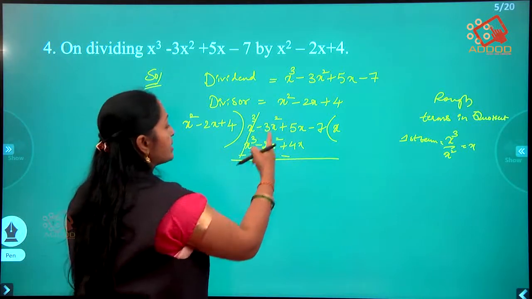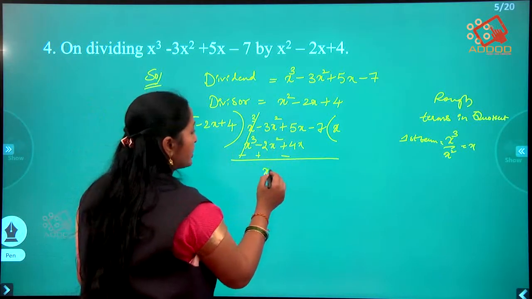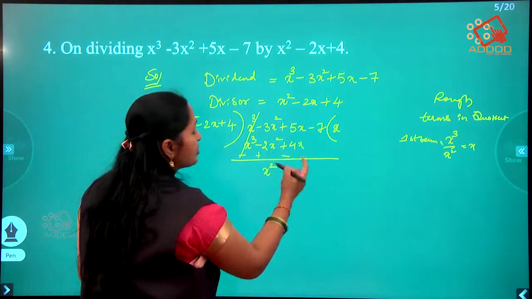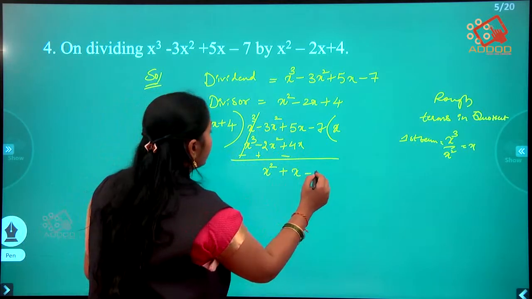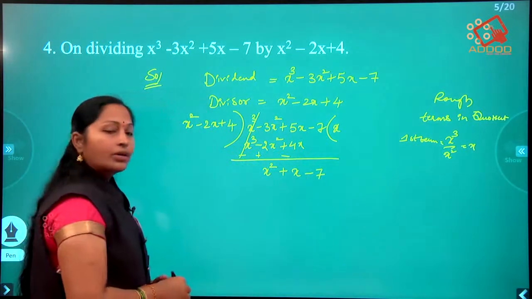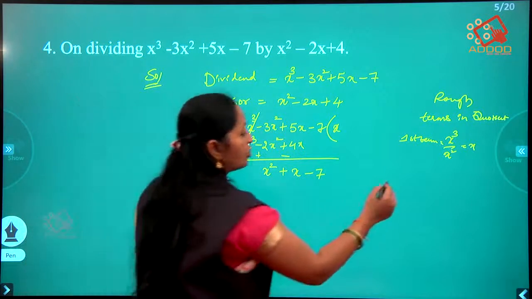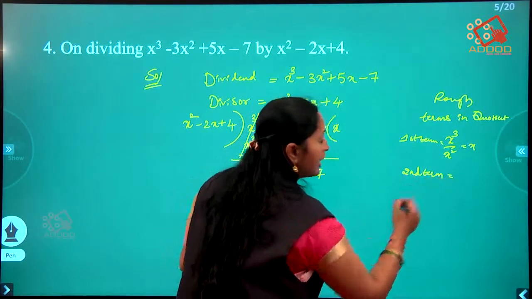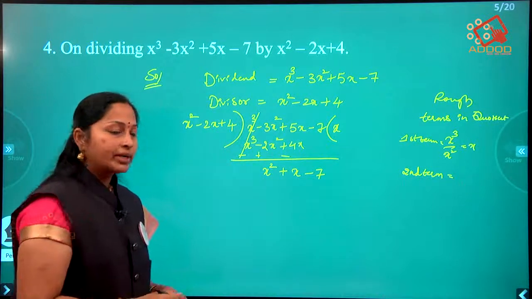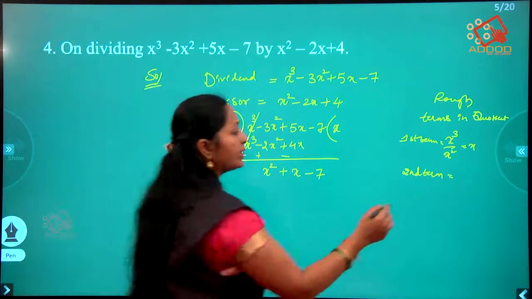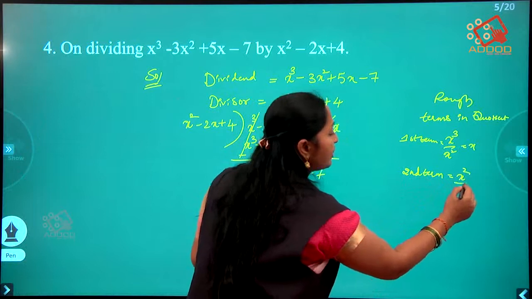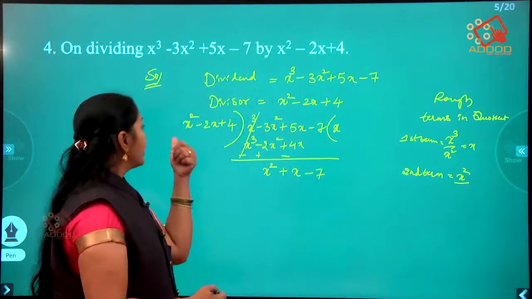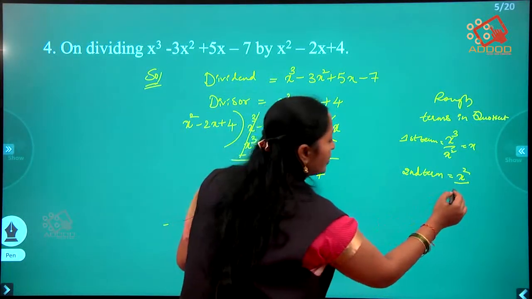Now minus 3x square plus 2x square becomes minus x square. 5x minus 4x becomes x, minus 7. Now we want the second term in the quotient. How to find the second term? The highest power term here is x square, divided by the highest power term in the divisor, which is x square.